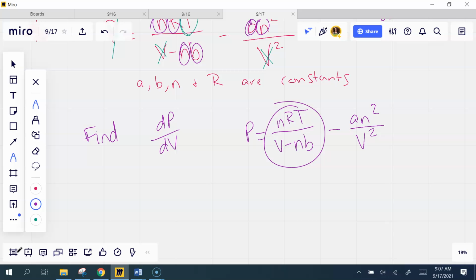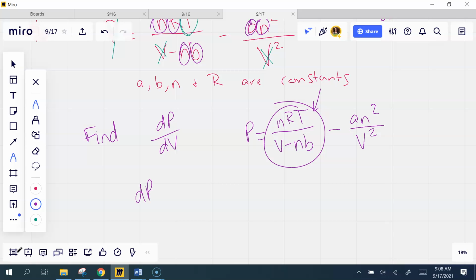Let's look at pieces, because derivative rules let me split this up: derivative of the first and derivative of the second, as long as I'm subtracting. How could I find the derivative of this if the only variable in there is V? You have to do the quotient rule. Let's do the quotient rule and show you what happens.